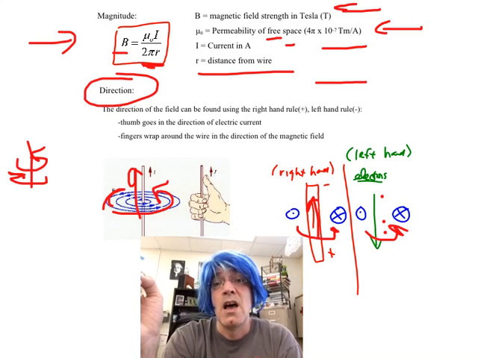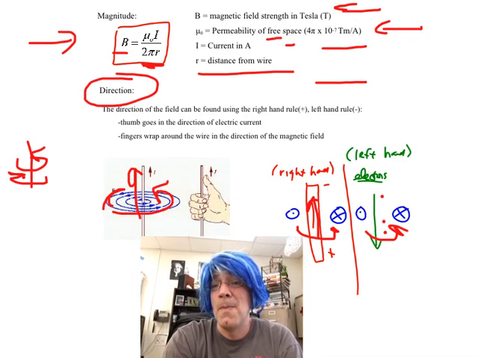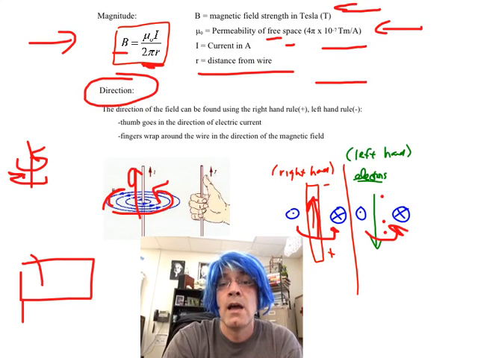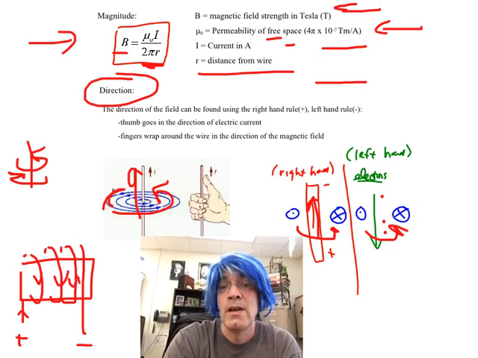That's good. And with this electric field, we also sometimes wrap our wire around a piece of metal to make a big magnet. If we do that, our current is going to go up, and then because it's wrapped in this direction, it'll go down.